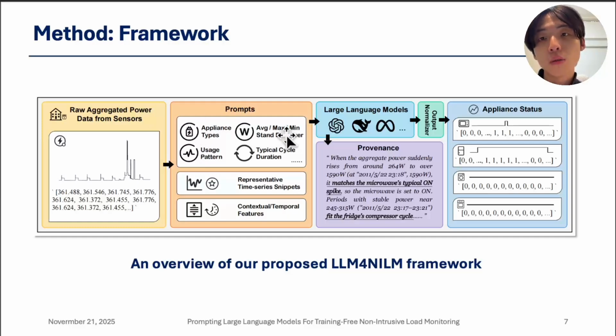It includes appliance information, the examples, the context, and so on. And we send this prompt to a large language model. And the model outputs the appliance states and the explanations for the decisions. So you can see the model here is fixed. We don't train anything. Yeah.